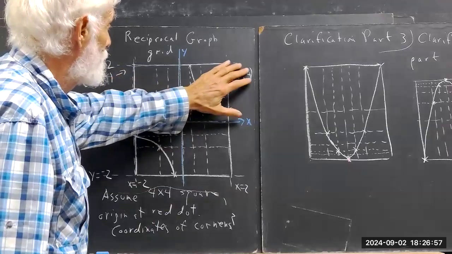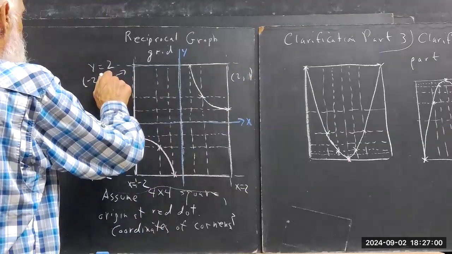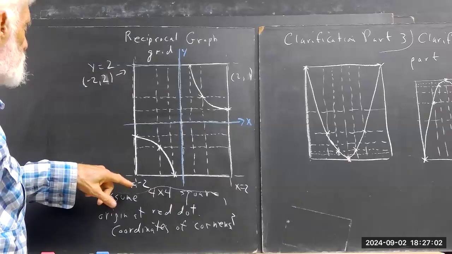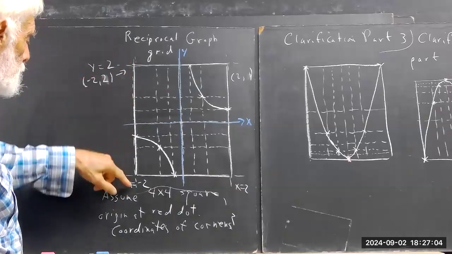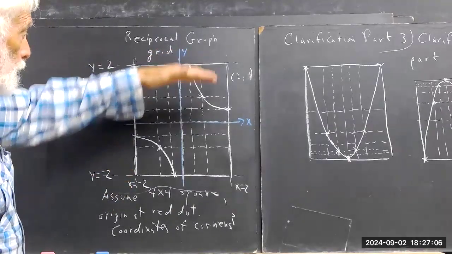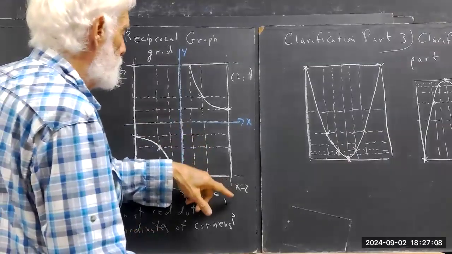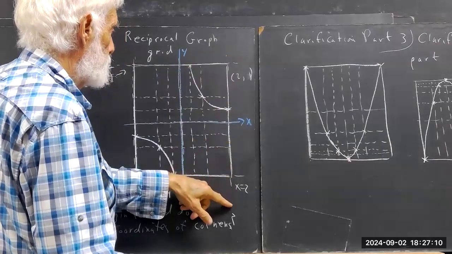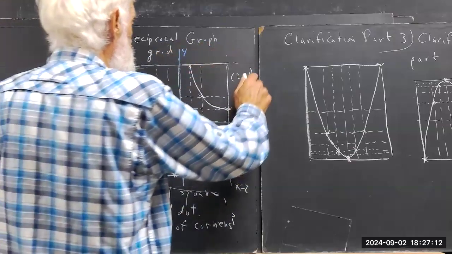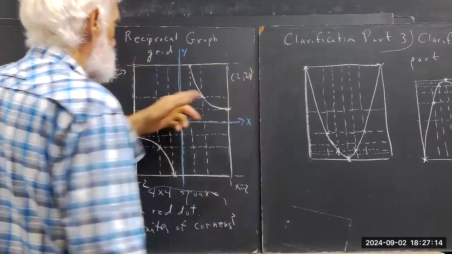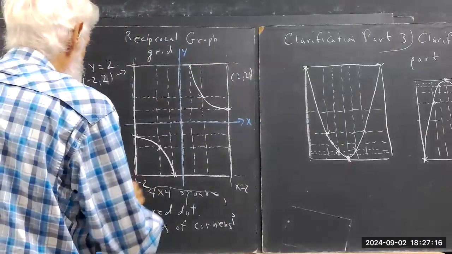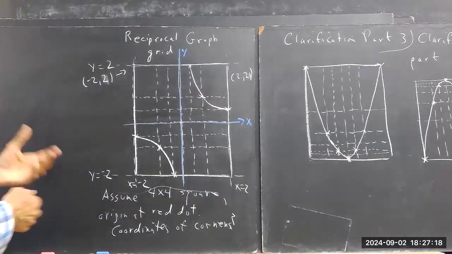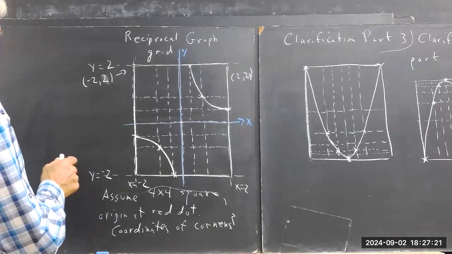This point is on the x equals -2 line and the y equals 2 line. This point here is on the x equals 2 line and the y equals 2 line. That's 2, 2. This point, again, think it through if you haven't already done it before I write it down.